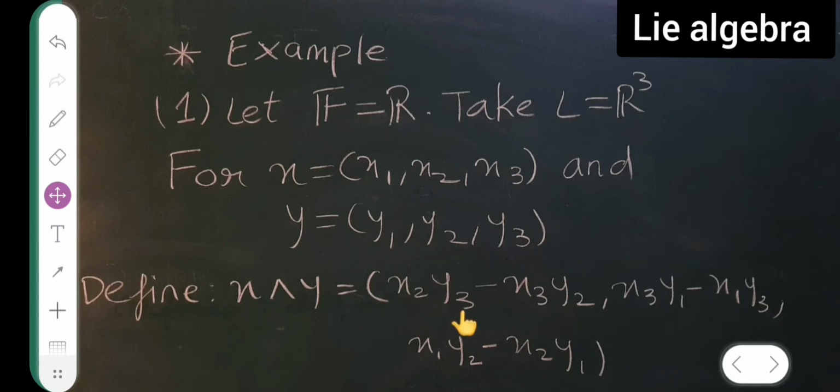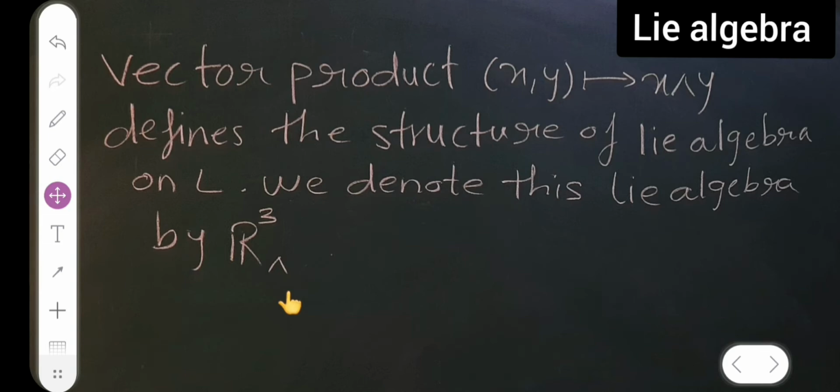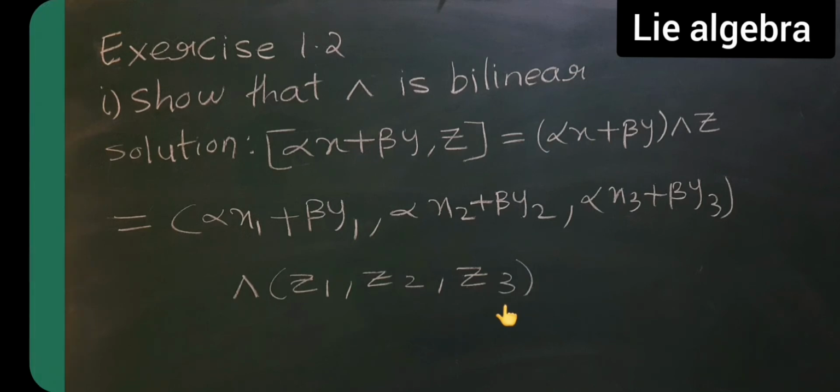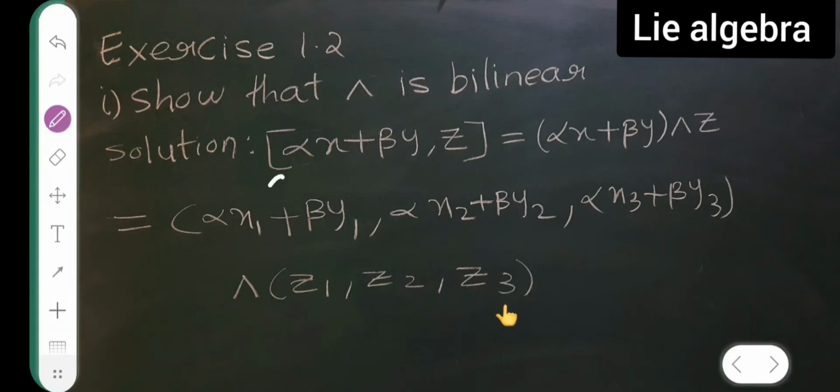x2 into y3. That means what I am supposed to do? I have to take this x2 into this y3. This is like my vector, okay? I'll just make this as my x1, x2 and x3 roughly, and this is like my y1, y2, y3.